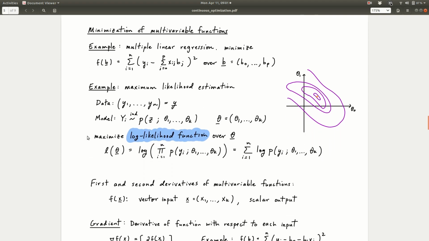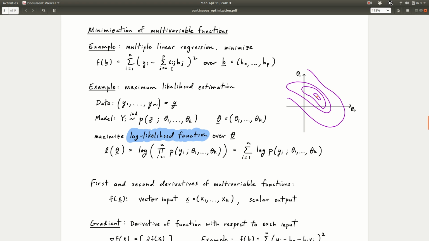All right, now we move on to the maybe more interesting problem, which is the optimization or minimization of a multivariable function. So you've already seen this actually in linear regression. So here's an example. This is the sum of squares criterion. So we observe y_1 up to y_n. These are the responses.